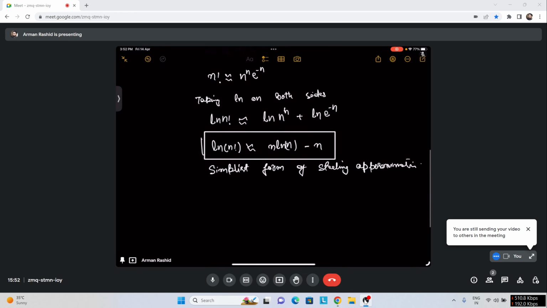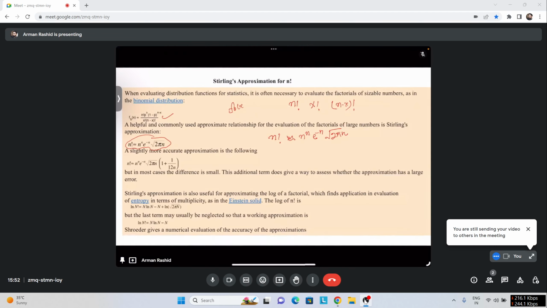Okay, ln of n factorial is equivalent to n ln n minus n. Okay, so this is the simplest form of Stirling's approximation. Now, if we also add a correction factor, that is under root of 2 pi n, it becomes more accurate.